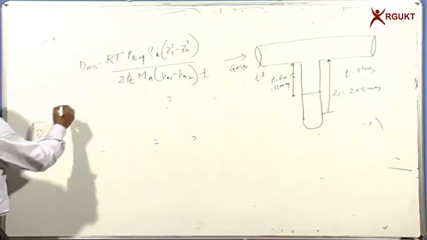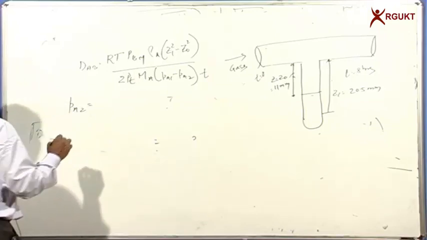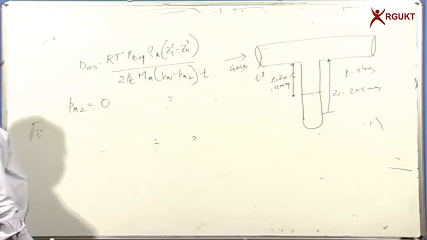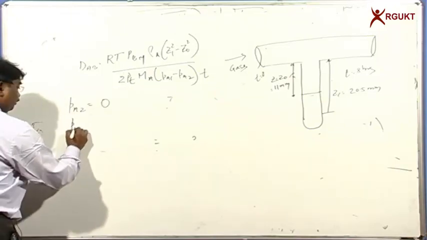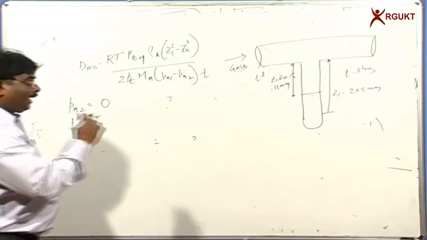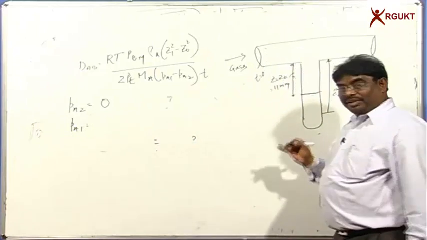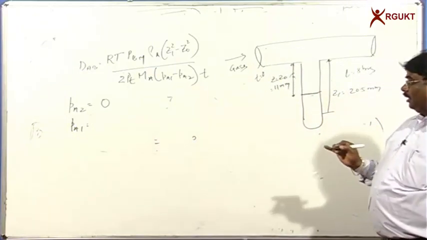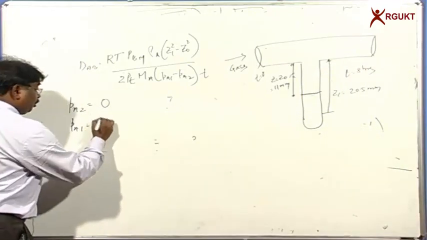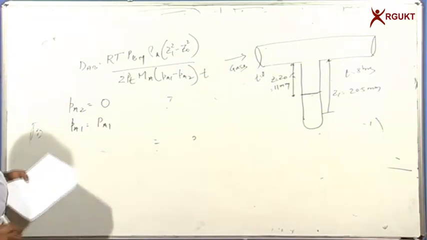And it is given that the gas is pure gas, it does not contain any acetone, that is PA2 is equal to 0. PA1, that is partial pressure of acetone at gas-liquid interface, and if the surface is saturated, that is the partial pressure of acetone at location 1 is equal to vapor pressure of acetone at location 1.